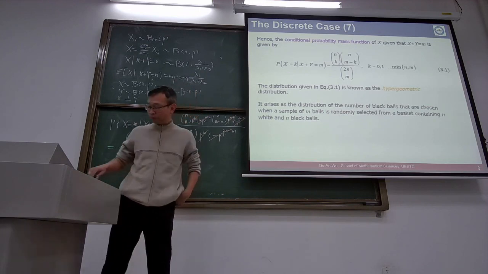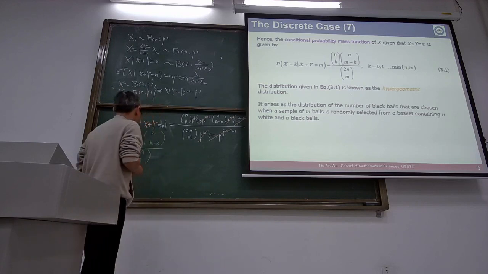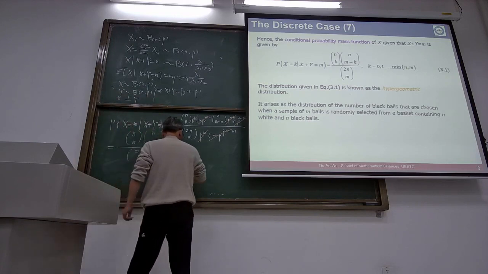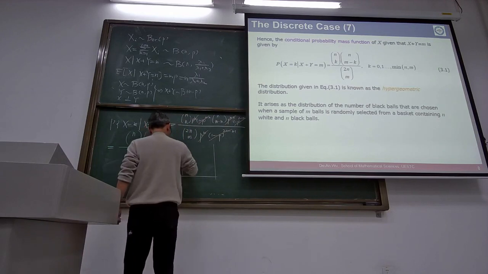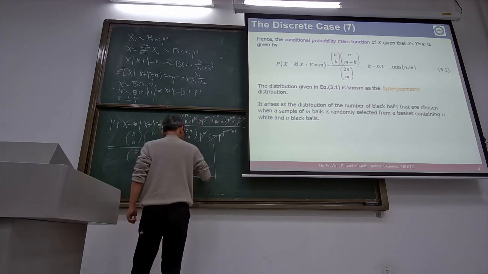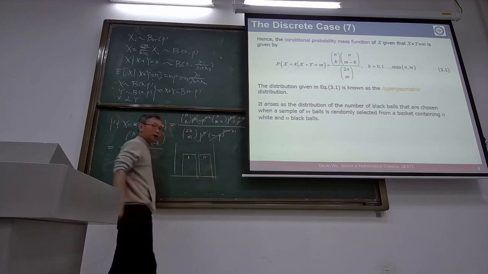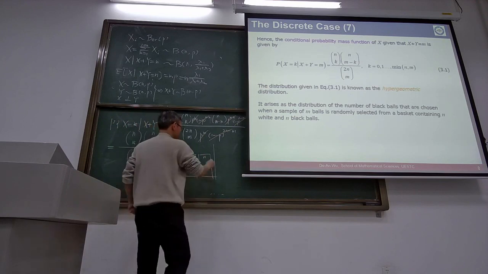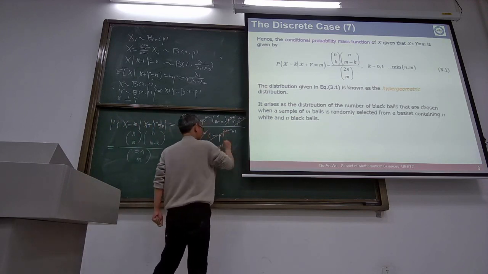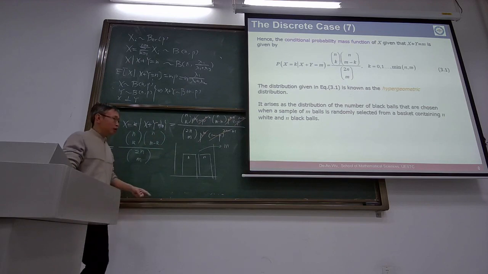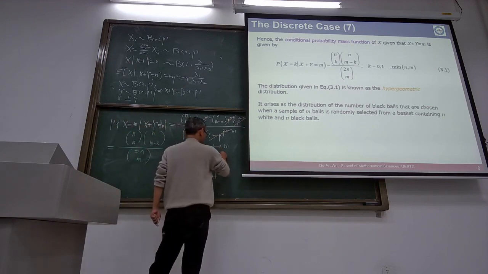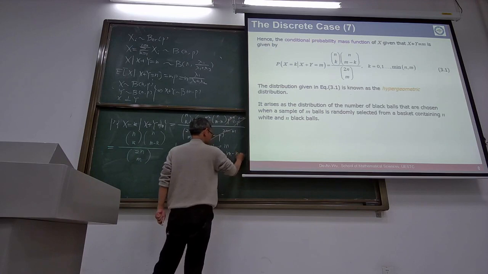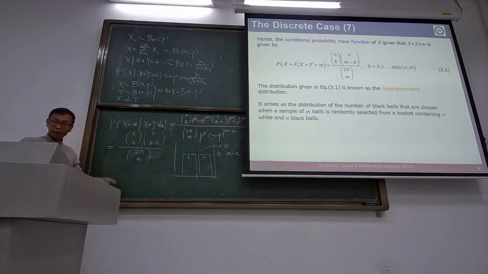That's to say, we have a basket with n white balls and n black balls. We randomly select balls from this basket and take a total of m balls. Among them, there are k white balls and m minus k black balls. This is known as the hypergeometric distribution.